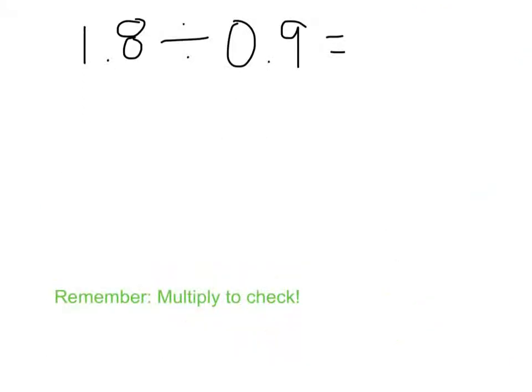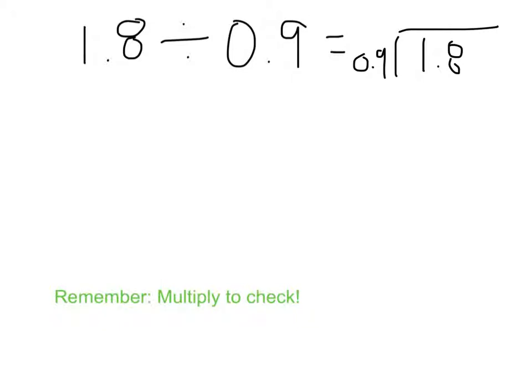Will you walk us through how to do this one? Okay, first you write it in the long division, right? Okay, so 1.8 divided by 0.9, right? Yeah. But first I want you to write it as a fraction. So how could you write this as a fraction?